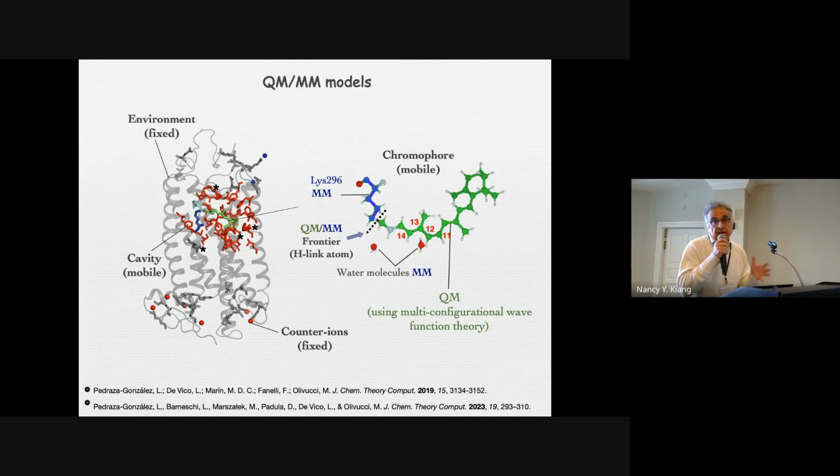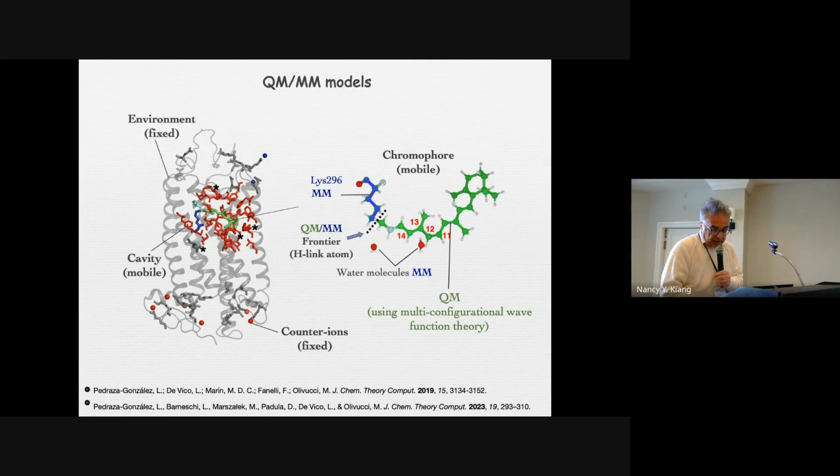It's very easy to make errors because of the number of variables you have to take into account when building this model. And because of that, it's very difficult to use them systematically in biology, because in biology, usually you want to compare many different types of proteins of the same family and discover comparatively their differences.